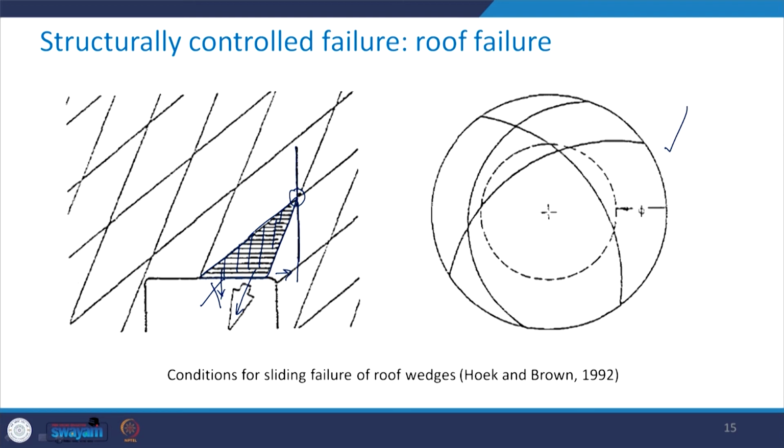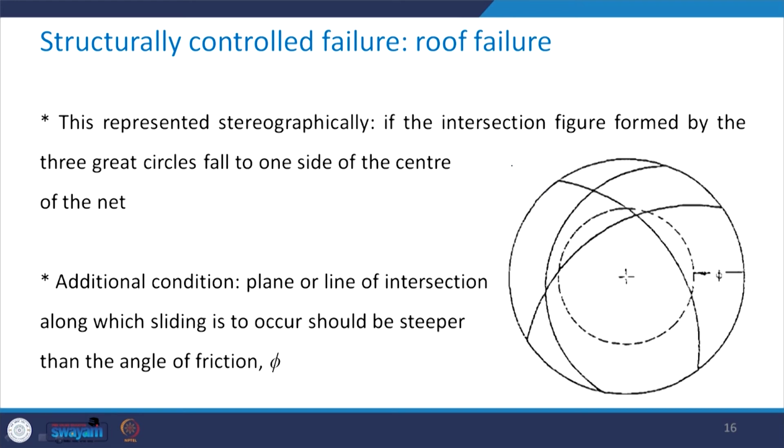So, again you have three discontinuity planes 1, 2 and 3, which can be represented by these three great circles 1, 2 and 3 depending upon their dip and dip direction. So, as I mentioned, this is a stereographic projection.